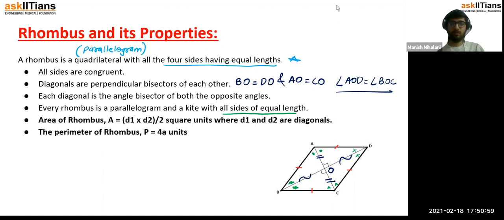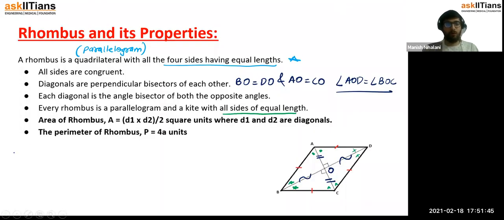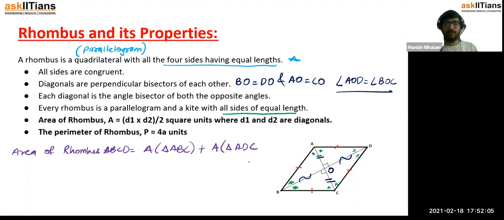So we can see this derivation: area of rhombus ABCD is equal to area of triangle ABC plus area of triangle ADC, right? Let's say length of AC is a diagonal, let that length be D1, right?